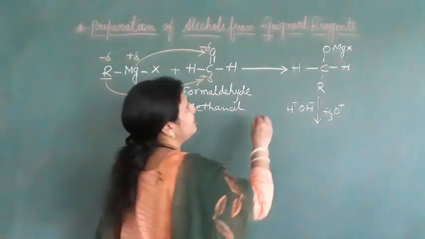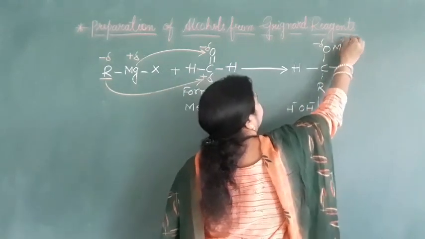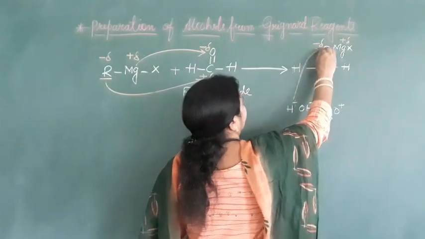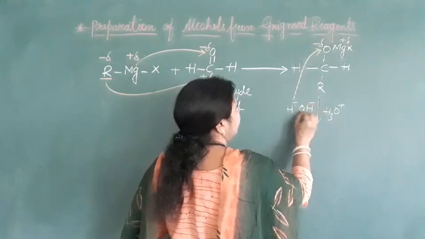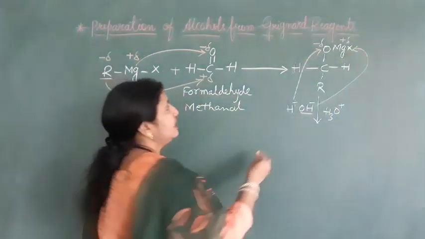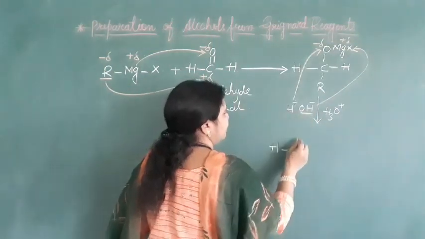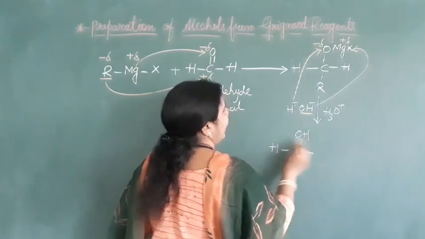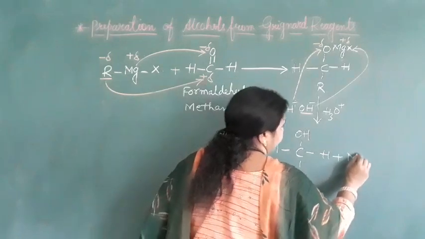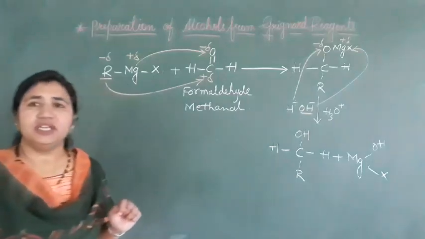Now this oxygen is still partially negative and this magnesium is partially positive. So this H plus will go with this oxygen and this OH minus will go with this MgX. So we are getting H, C, on this oxygen H plus comes, so we get OH, and this H is as it is, and this R here, plus X MgOH.